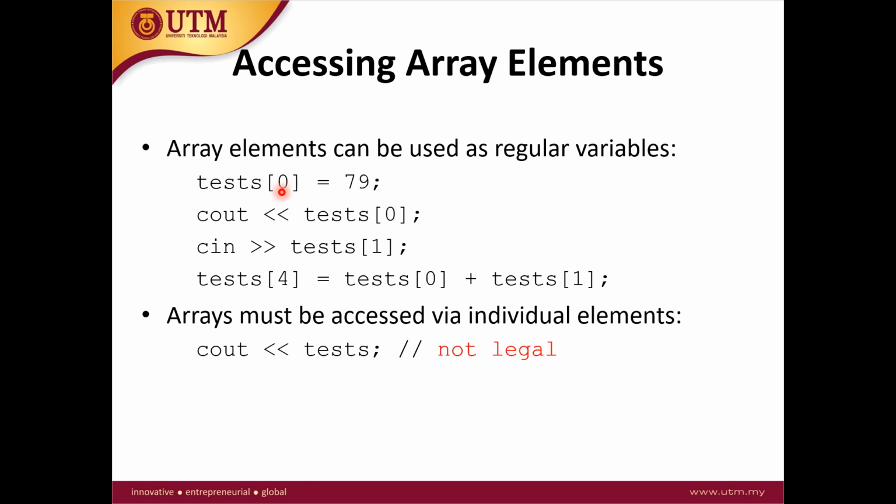So this one is going to be the first element, and we are assigning 79 to it, and then we are printing out this one. The 79 is going to be printed. Then cin the first element, the one in index 1. And for the last element of the array, we are saying tests of the last index is going to be this one added to this one.